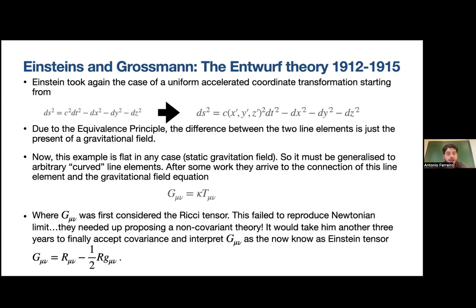Then he took again the example he was thinking about, the uniformly accelerated coordinate transformations, to really impose the principle of equivalence in this theory. And he realized that by doing this, he would get a velocity of light that depends on the position. One could then associate this with what he meant by this inertial field.